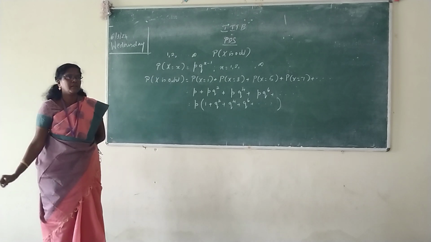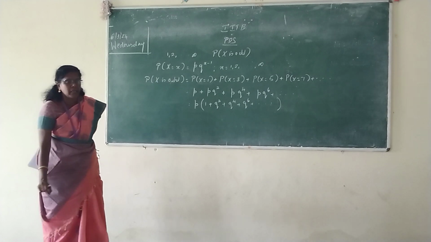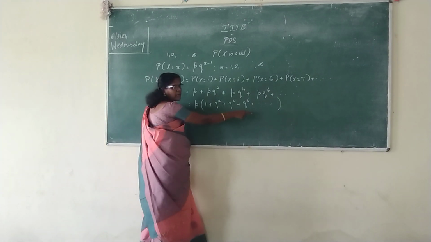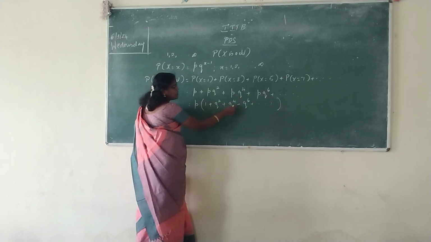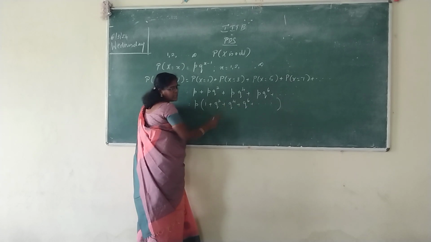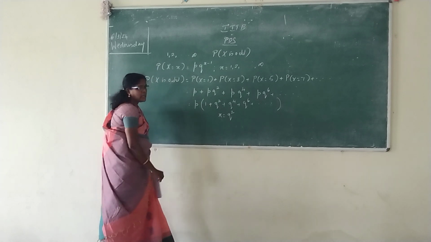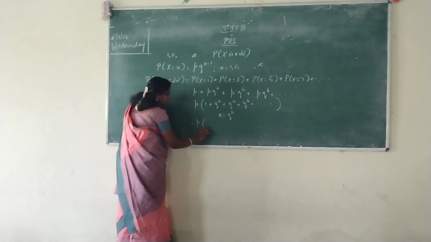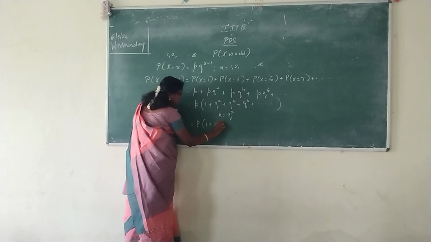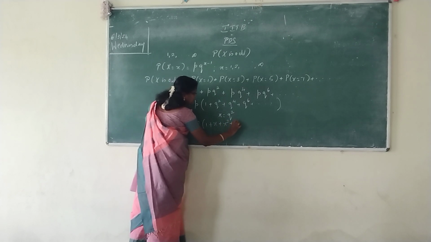What is x here? Q square. Can you not identify what is common in all the terms? Q square. So assume x to be q square. If you assume x to be q square, what will happen? P into 1 plus x plus x square plus x cube.